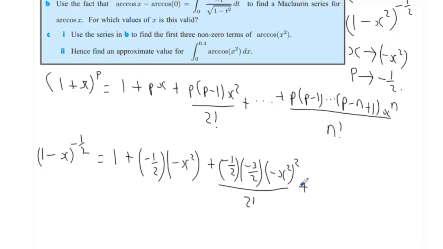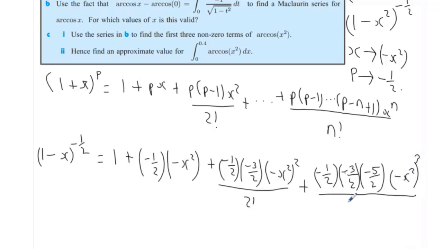Plus, I am going to write the next term. Minus a half, minus 3 over 2, minus 5 over 2, minus x squared cubed over 3 factorial.